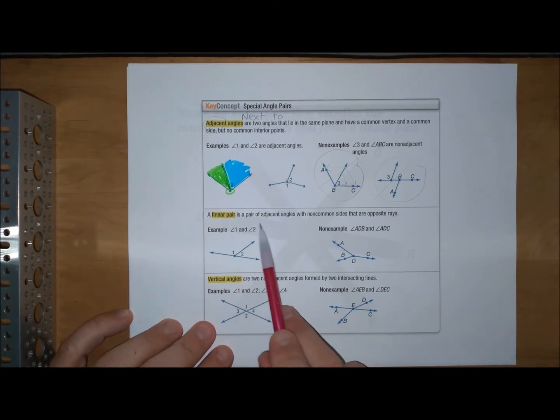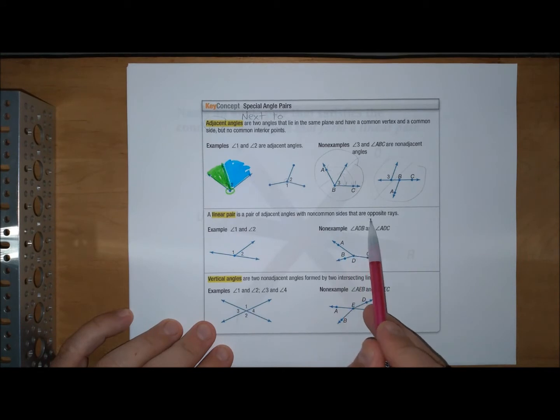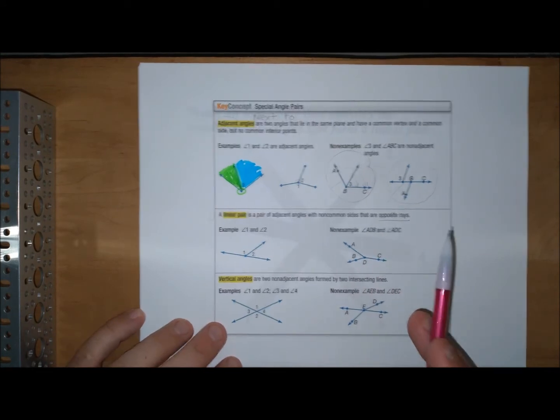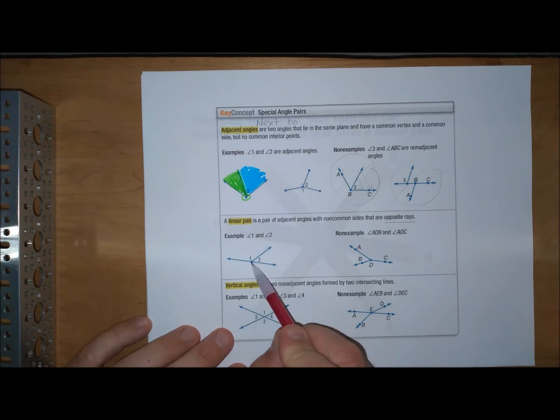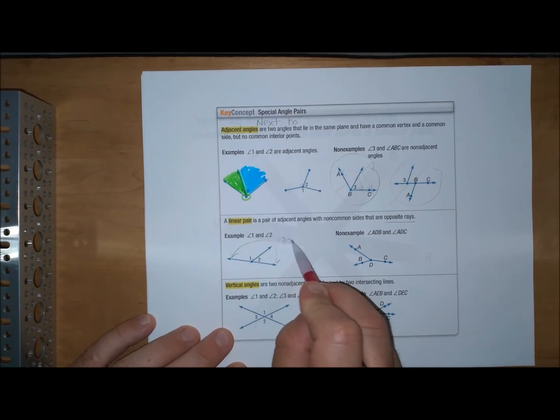A linear pair is a pair of adjacent angles with non-common sides that are opposite rays. What does that mean? Okay, so angles 1 and 2 here are adjacent. They share a vertex. They share a common side. They don't have any interior points in common. And their non-common sides, this ray and this ray, are opposite rays, which means that this angle here is 180 degrees.